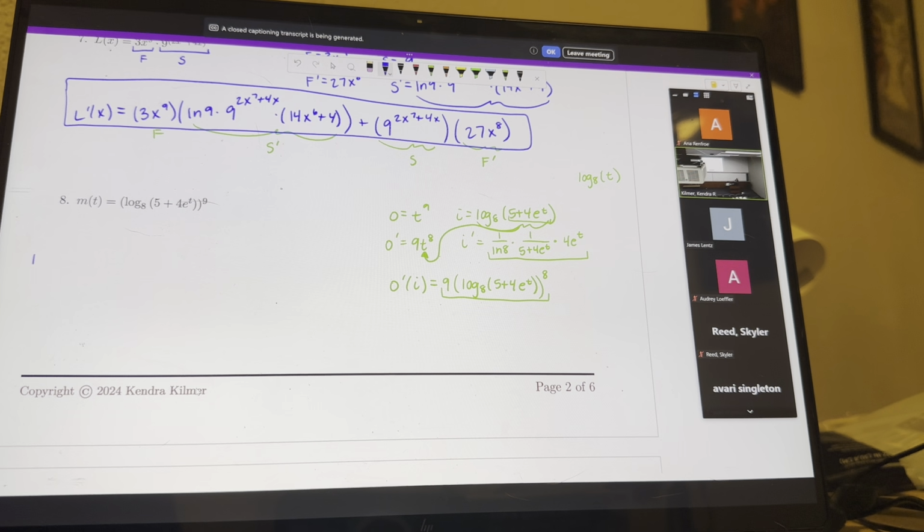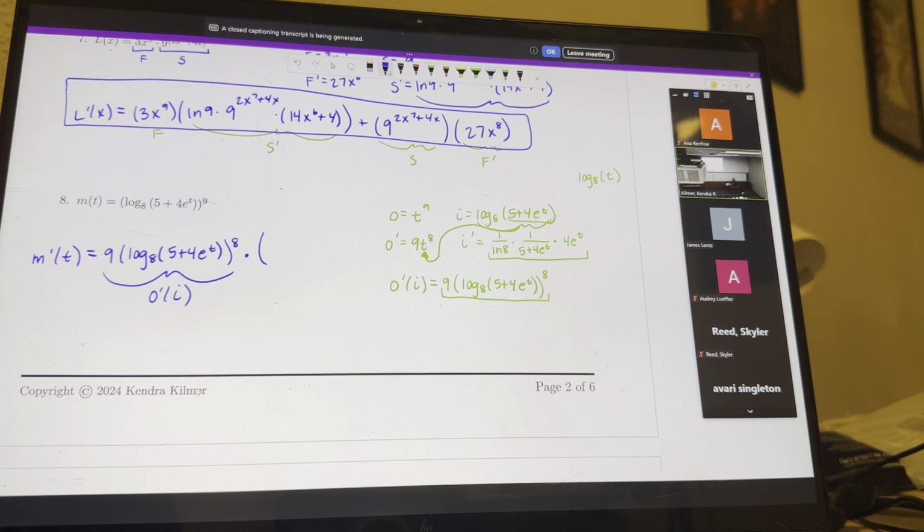Okay? So I come back over here, m prime of t is the derivative of the outside evaluated at the inside, which is 9 times log base 8 of 5 plus 4e to the t, all raised to the 8th. Okay, so this is the derivative of the outside evaluated at the inside. And then we multiply by the derivative of the inside.